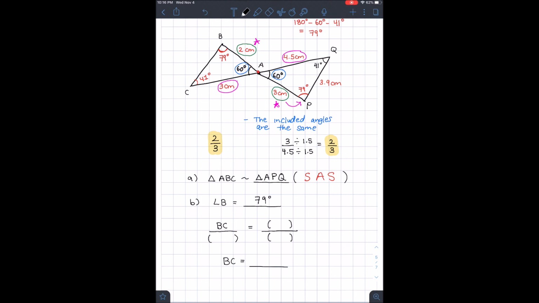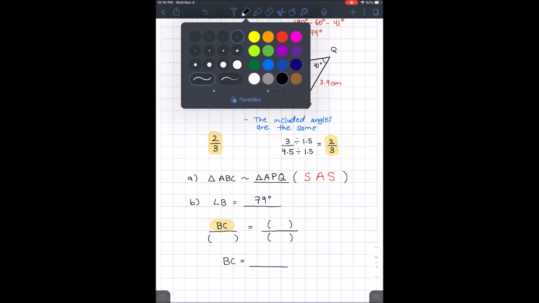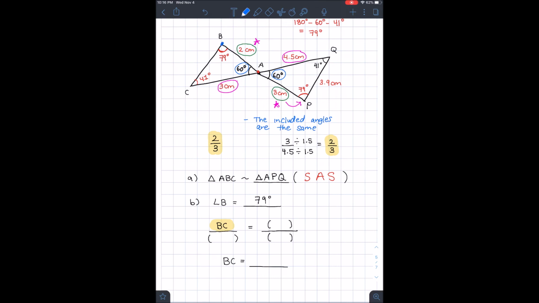Okay, so how do we figure this out? Well, we're already given BC, which is just the line segment from point B over here, point B to point C, right? There.